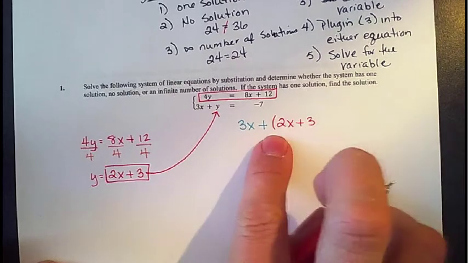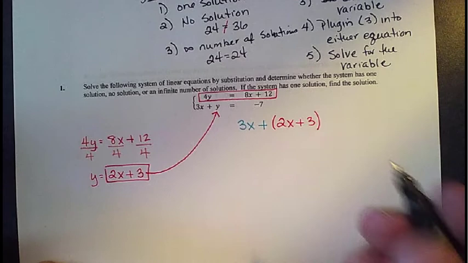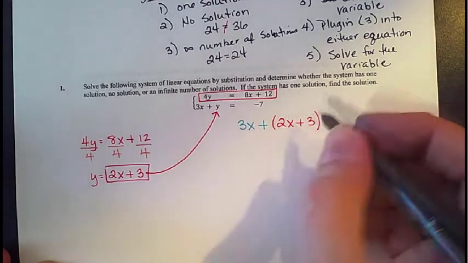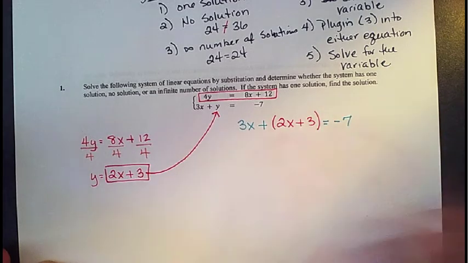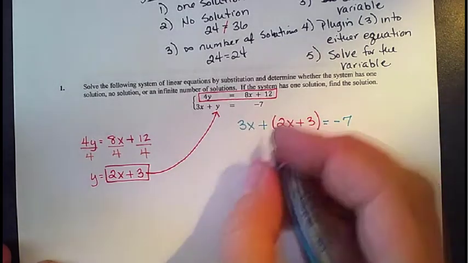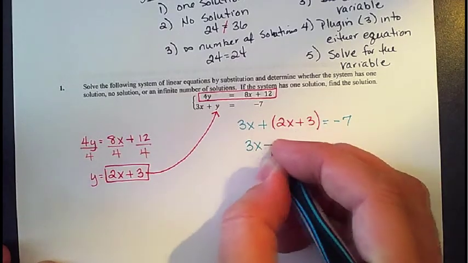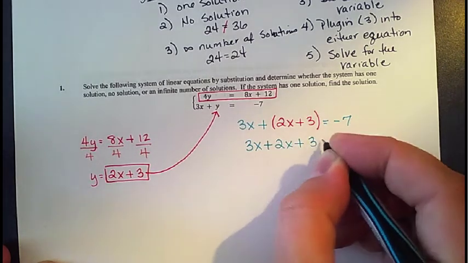If this were a minus, I would have to distribute the minus, so I like putting it in parentheses, is equal to negative 7. Well, since this is a plus, I can just drop my parentheses, no big deal. So this is 3x plus 2x plus 3 is equal to negative 7.